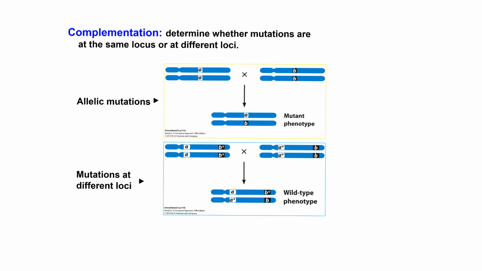Finally, the last slide of this first part of the recording for chapter 5 is discussing complementation. I would like to stress what complementation is. Complementation is a test in which you can determine whether different mutations are a result of alleles located on the same locus or whether the mutations come from different genes in different loci.